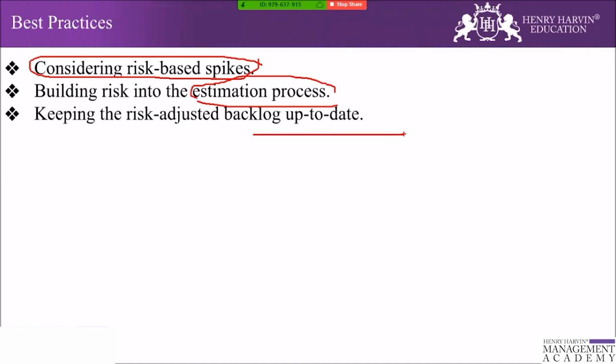To keep that graph and everything updated, as a part of the backlog grooming process during and between the sprints, the team should make sure that any risk adjusted items in the backlog are updated as a risk approach, and the new information can affect the probability and impact of the risk. So keeping this information up to date is a key part of keeping the risk adjusted backlog relevant.